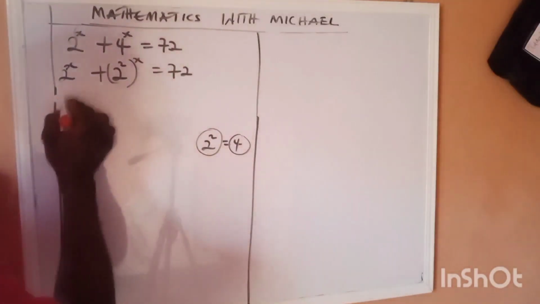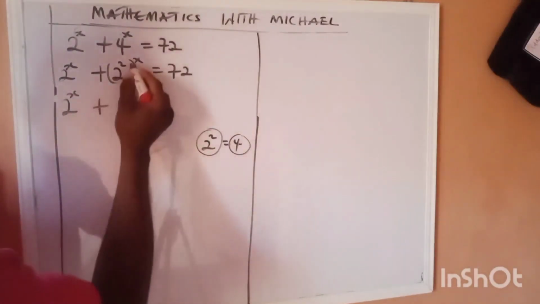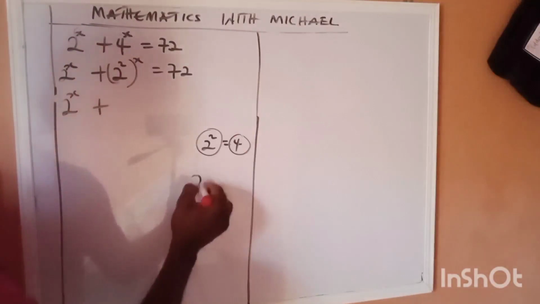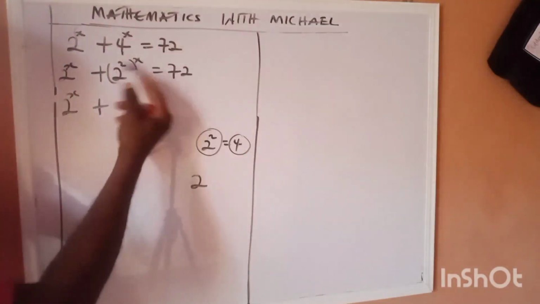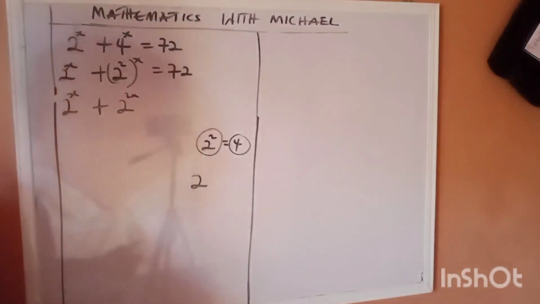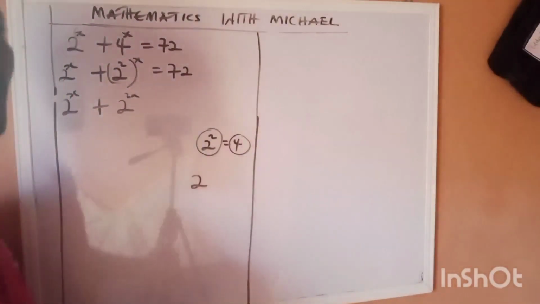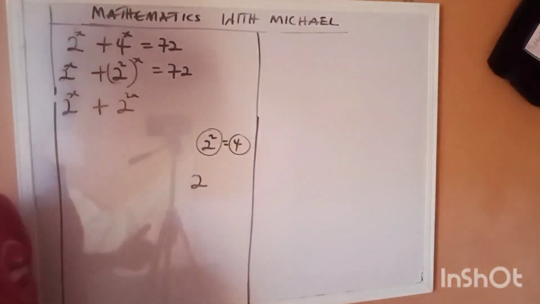Alright, so from there I have 2 raised to power x plus, now I can rearrange this. Some of you might want to multiply this together by having 2 raised to power 2x. But if we do it that way, it's a good idea actually in mathematics, but we might not get the real value of x.